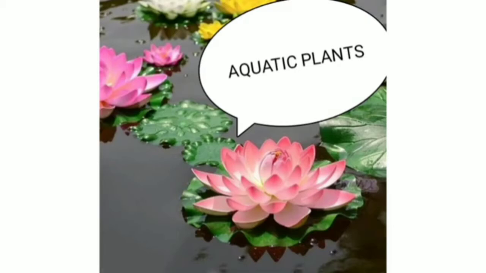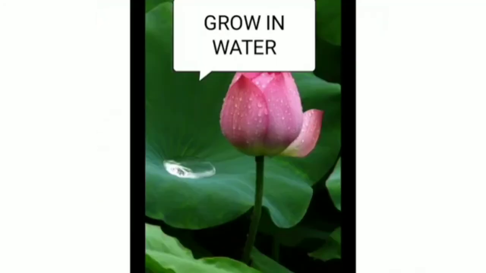But this one is the aquatic plant, which means it grows in water. Which plants grow in water? We are differentiating based on habitat.